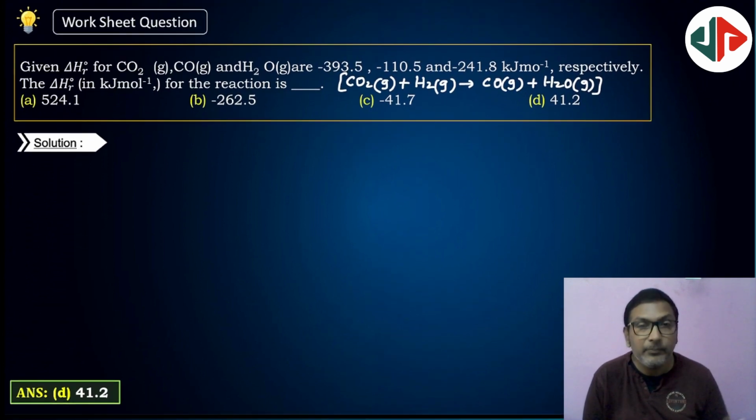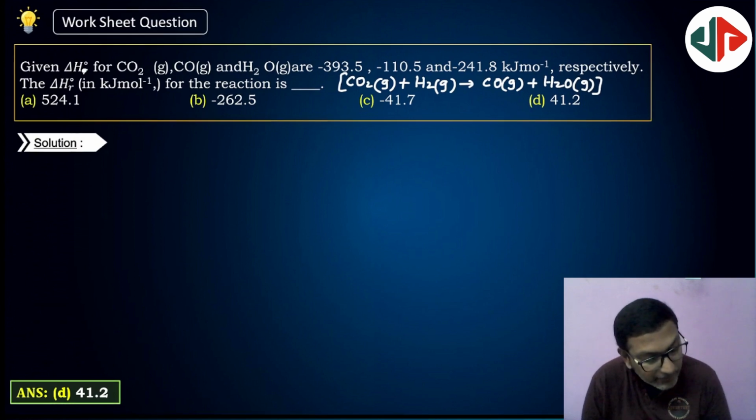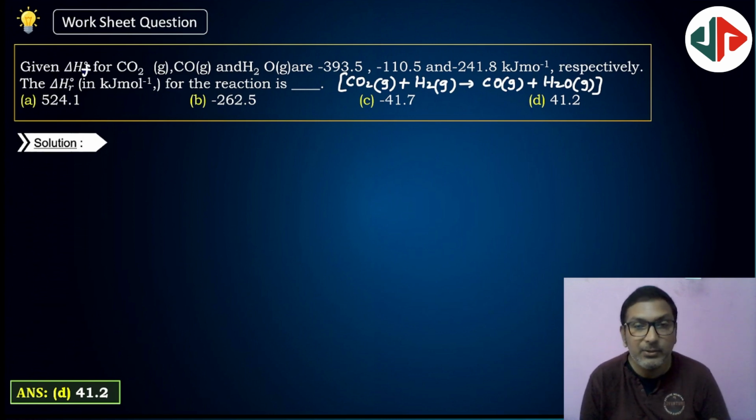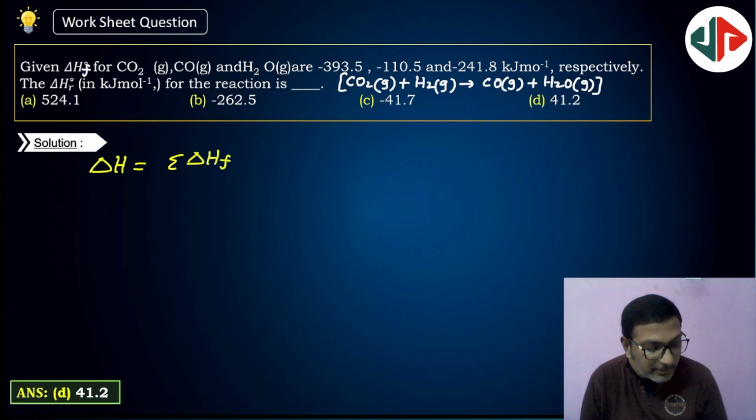Similar question. Given delta H, not reaction here, it should be formation. Delta H formations of CO2, CO, H2, H2O are given respectively. Delta H of reaction we must calculate. So delta H of reaction will be equal to summation of delta H formations of products minus summation of delta H formations of reactants.